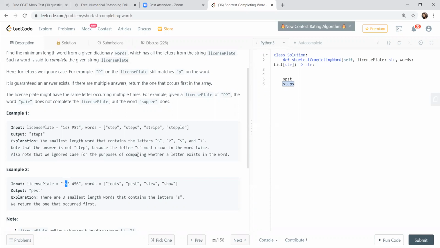And over here also, we have a single character S. All these words have a single S, but this one's length is more than this, so this would be the answer. Although all three of these could be an answer, this comes first, so this is our answer.